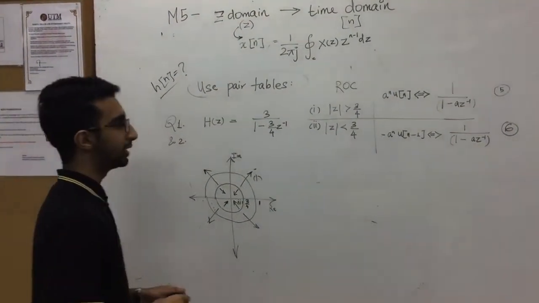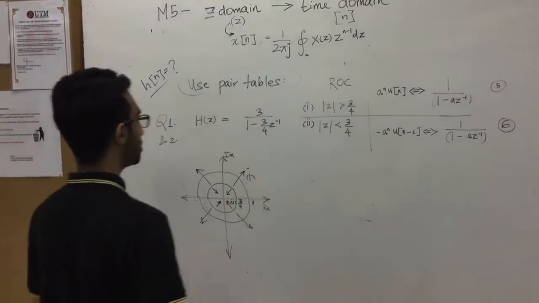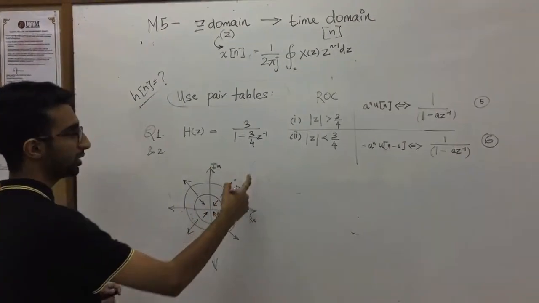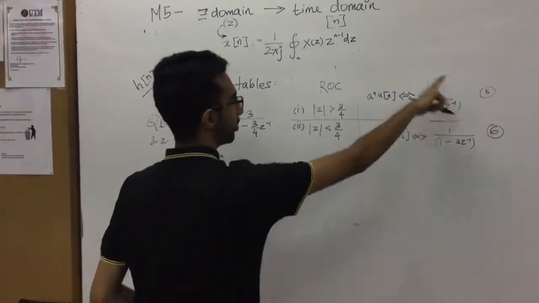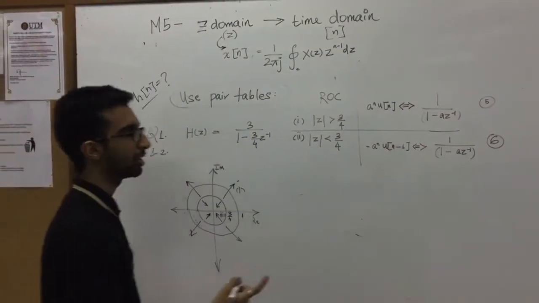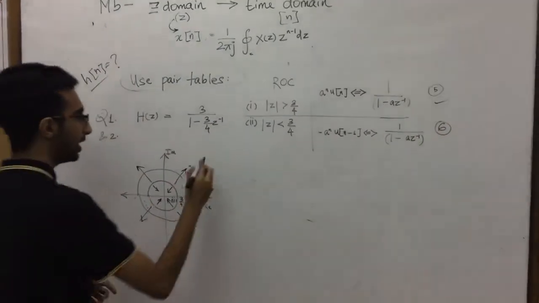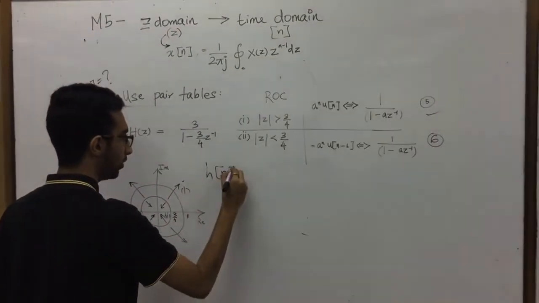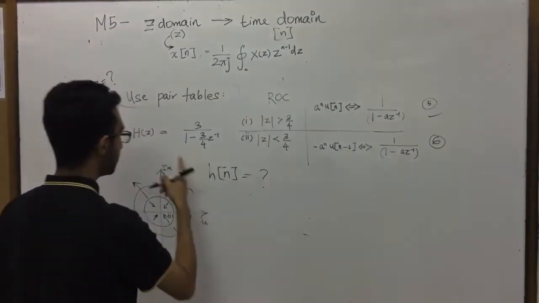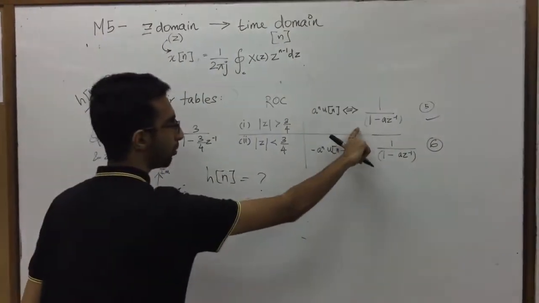Now, let's consider the first one. The first one is for this question using this formula over here, which can be found in the pair table, which is formula number 5. So, to find h of n, all we have to do is simply write this into this form.